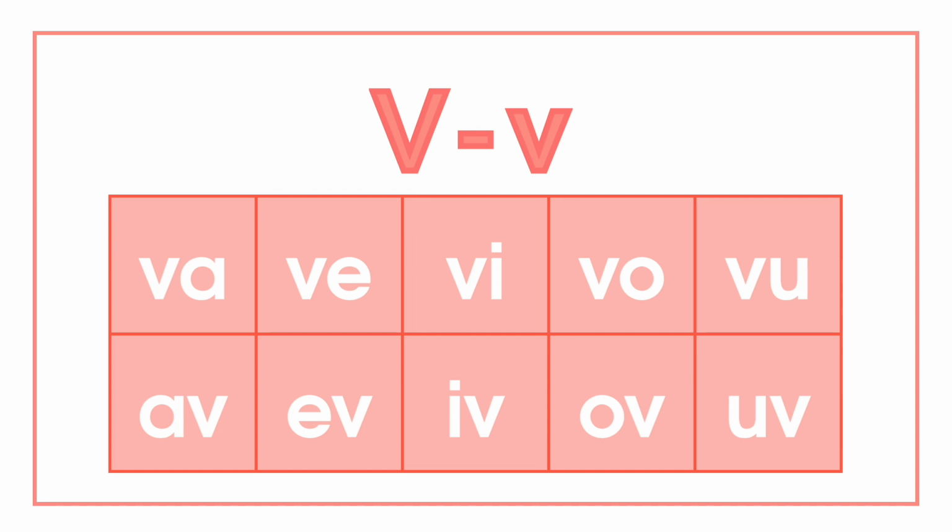The inverse syllables follow the same pattern as the ch sound. So, we would read them as follows: ba, be, bi, bo, bu, av, ev, iv, ov, uv.